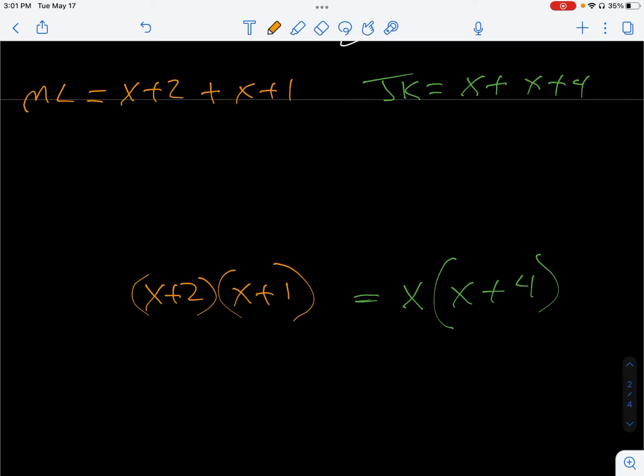Well, here we have x plus 2 times x plus 1. We use FOIL for that, so we do first x times x is x squared, plus outside x times 1 is x, inside 2 times x is 2x, and then last 2 times 1 is 2.